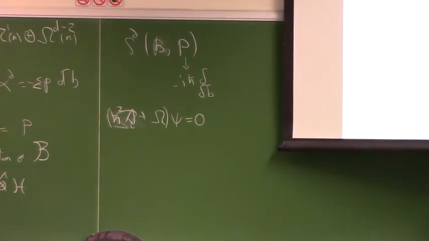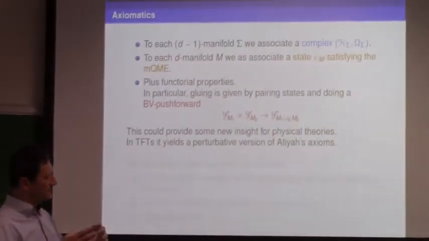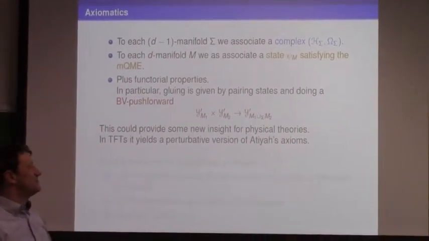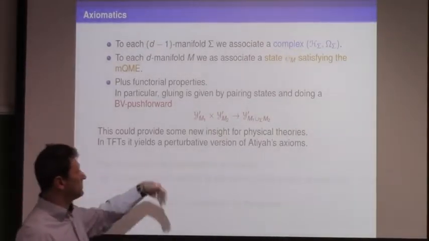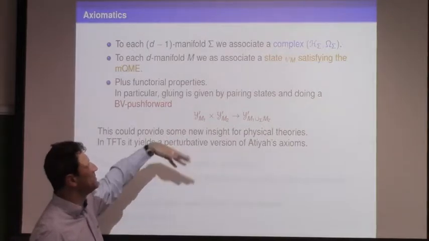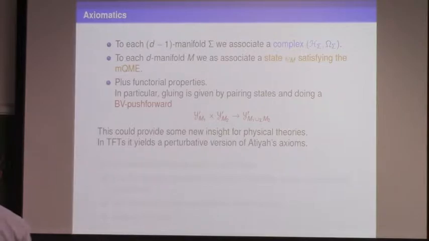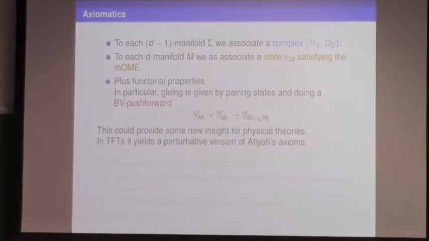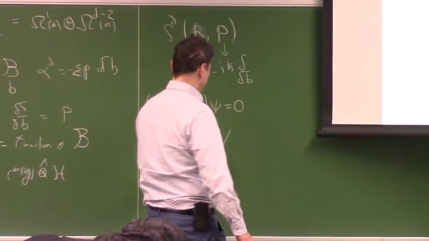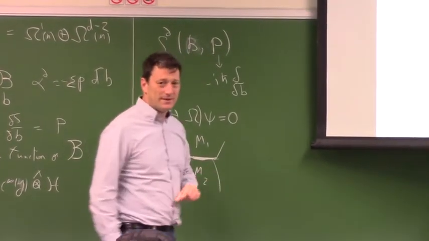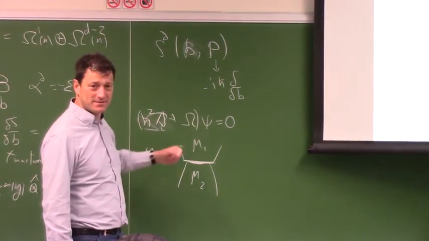Now, the interesting thing is that you expect gluing to work, and that's some meta theorem, some properties that you have to check when you really make sense of this theory. When you have a field theory, you have to make sense of regularization, but the statement you want to prove is that gluing works. Gluing means that, suppose your manifold M is cut into two pieces, M1 and M2, along a common boundary. Then you can compute the state for M1, the state for M2, and you can pair the states.